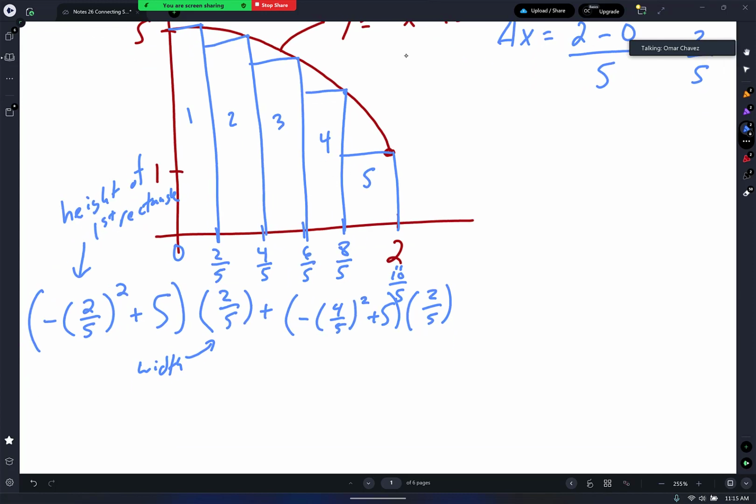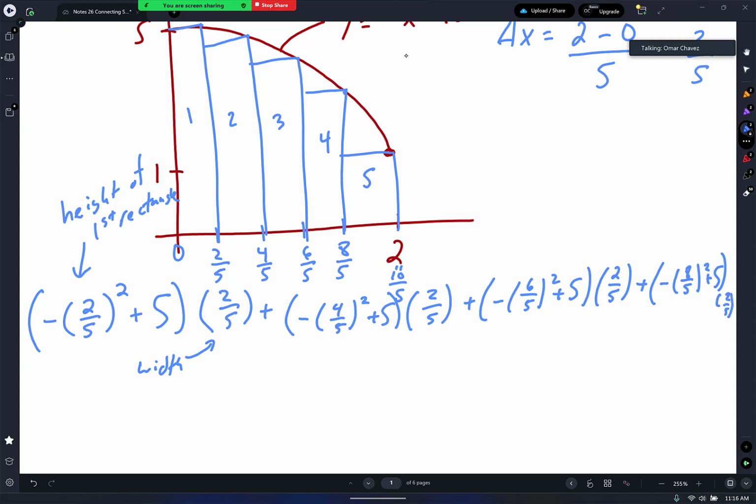And all I'm doing is finding the area of each rectangle, guys. Plus, parenthesis, negative 6/5 squared, plus 5, close it, times 2/5, plus, parenthesis, negative 8/5 squared, plus 5, close it, times 2/5 again.